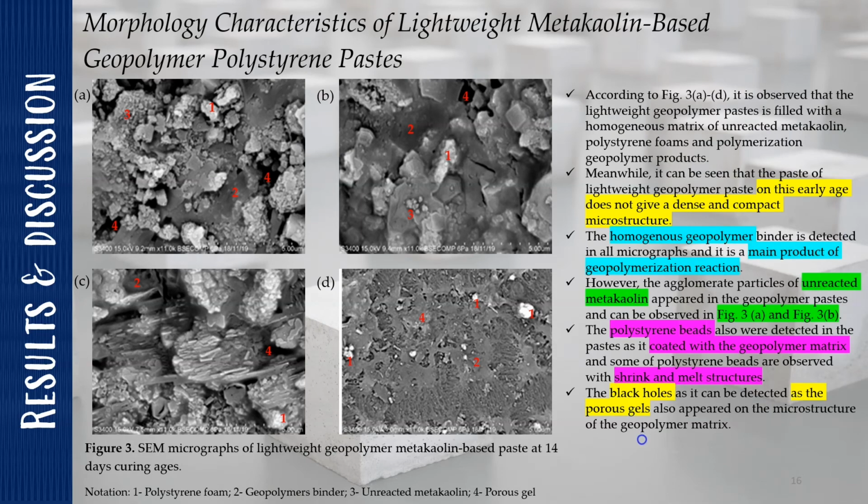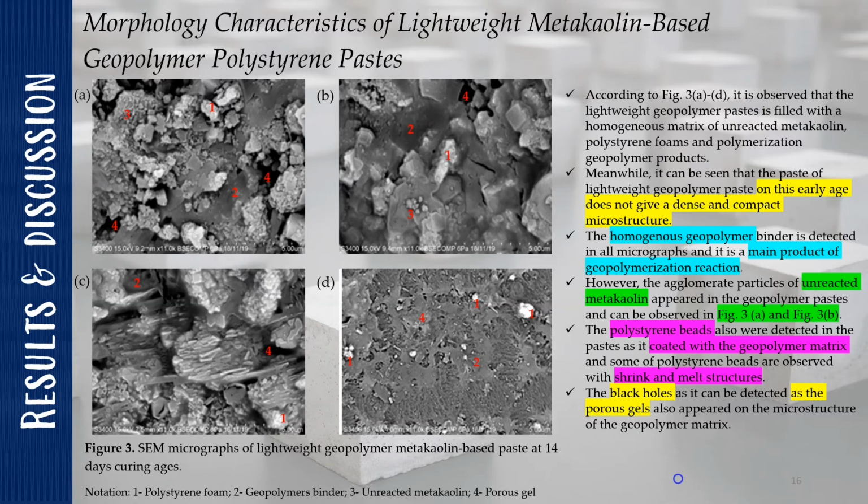According to figures 3A until 3D, it is observed that the lightweight geopolymer paste is filled with a homogeneous matrix of unreacted metakaolin, polystyrene forms, and polymerization geopolymer products. Meanwhile, it can be seen that the paste of the lightweight geopolymer at this early age does not give a dense and compact microstructure.